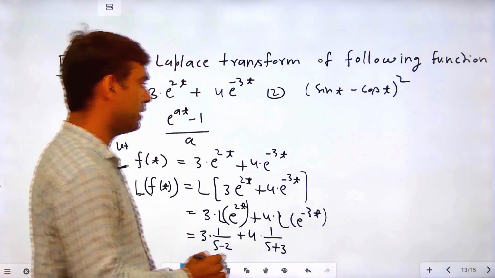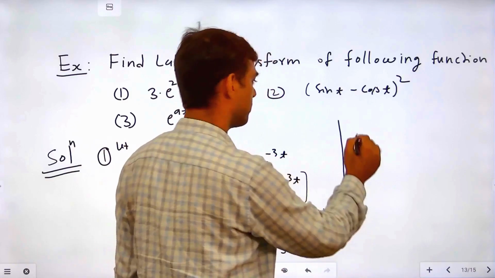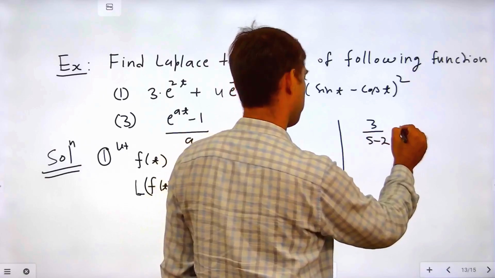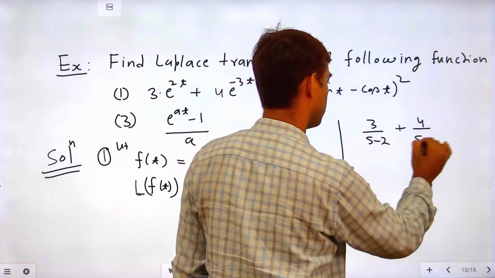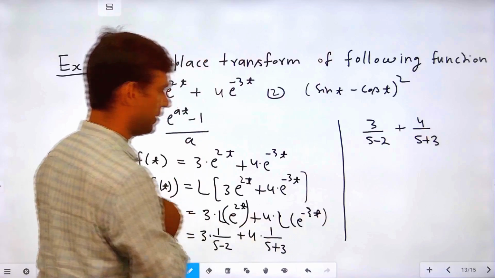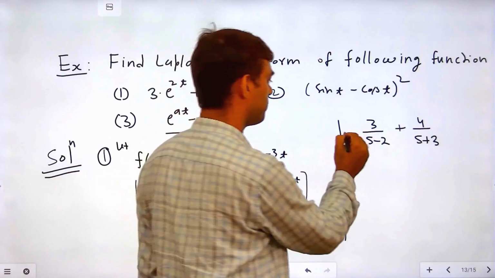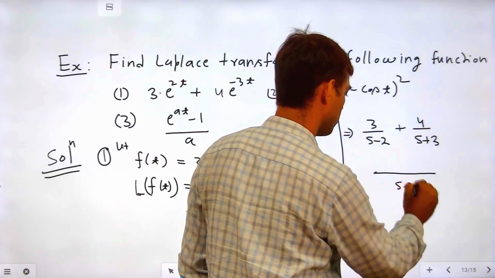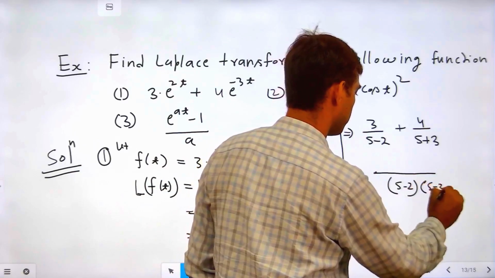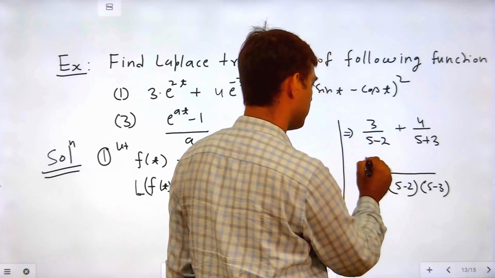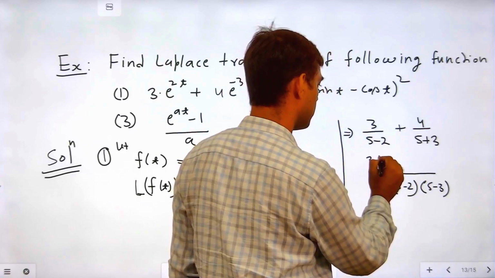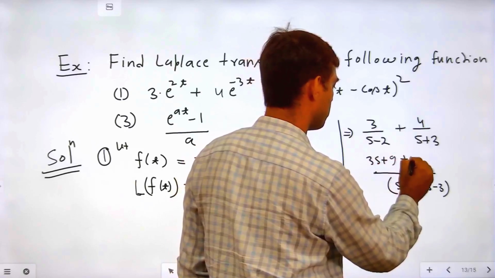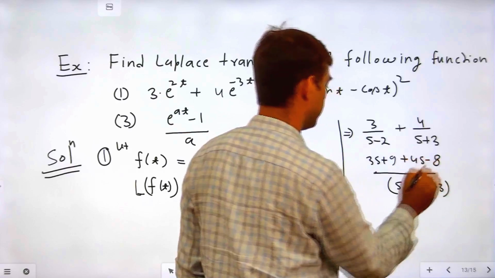If we simplify this, it becomes 3 upon s minus 2 plus 4 upon s plus 3. Simplifying, the denominator becomes s minus 2 and s plus 3, and in the numerator we get 3 times s plus 3, which is 3s plus 9, plus 4s minus 8.